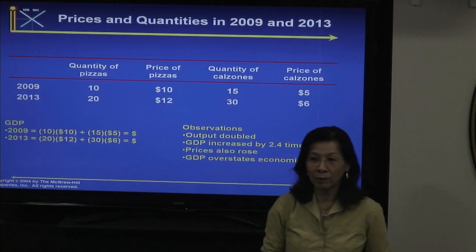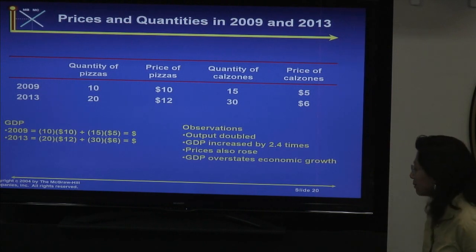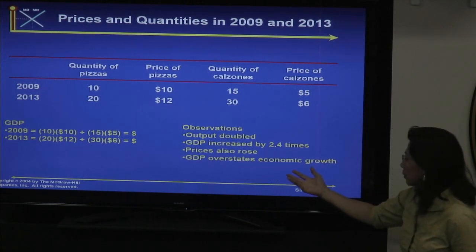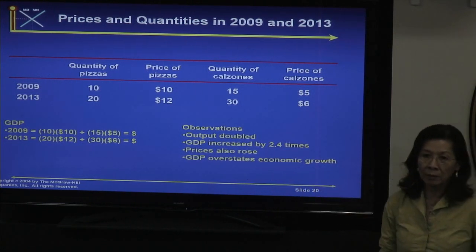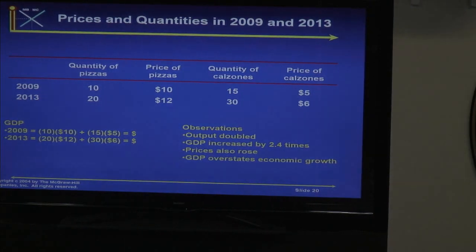We have such a thing called inflation. So GDP might overstate economic growth, because economic growth is exactly 2, and GDP is more than that. So how do we correct that? This is one of the very important lessons in macroeconomics, that there's such a thing called inflation.